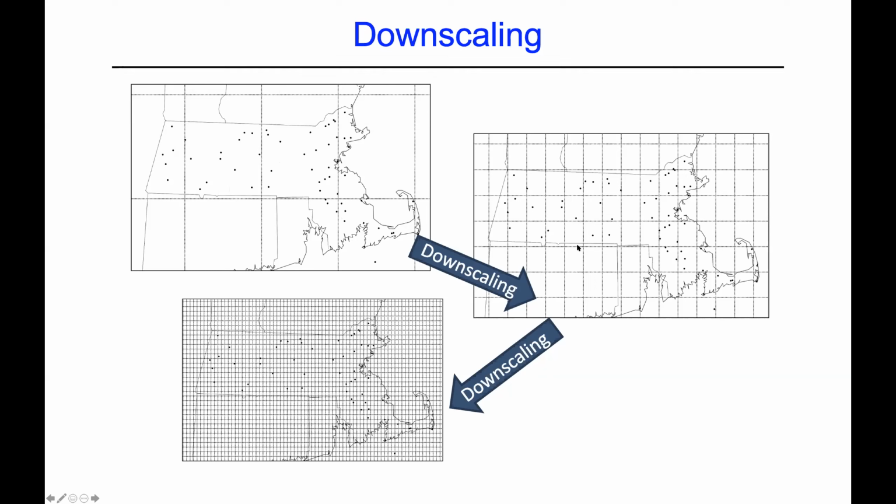One way of downscaling is doing this dynamically, using the large-scale global models to feed into a more regional model. These regional models have a lot more detail in terms of coastlines and topography, but they're still solving the physics of the atmosphere on a smaller scale.